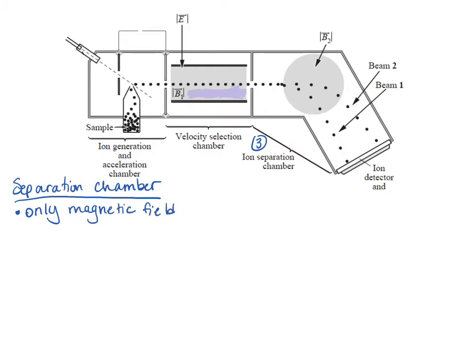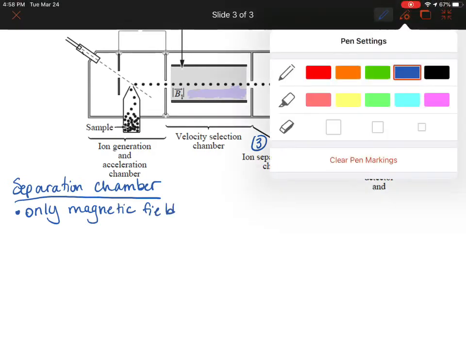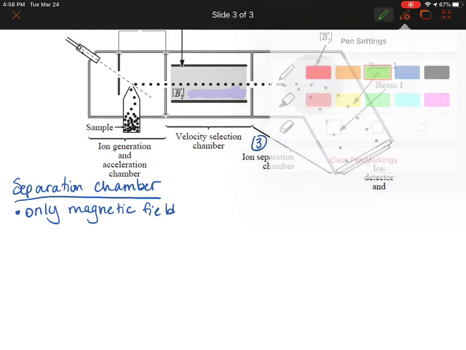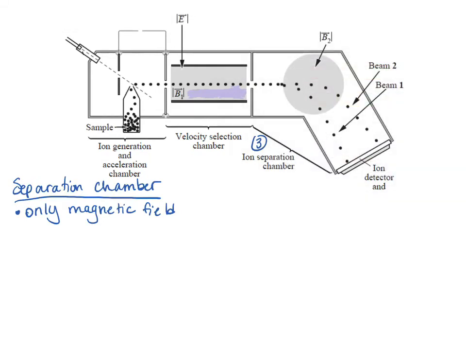Okay, so just to review, this is something a lot of people have a hard time with. Which is which? So remember, my first chamber is only an electric field. My second chamber is an electric and magnetic field.